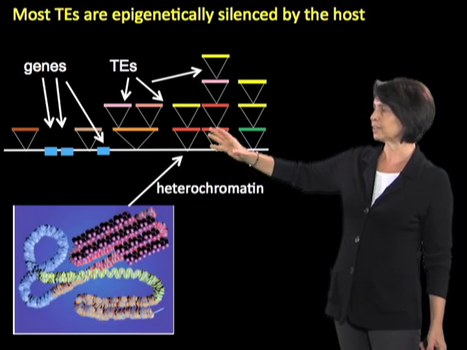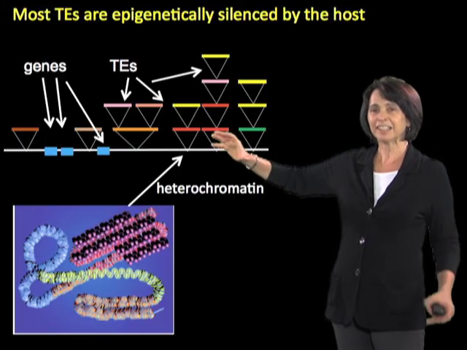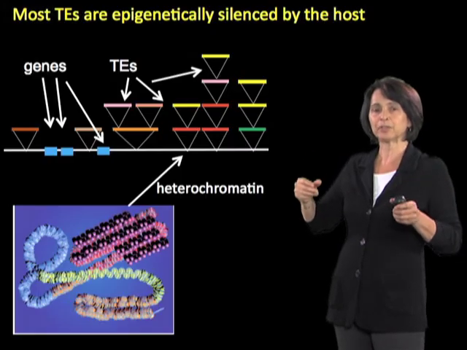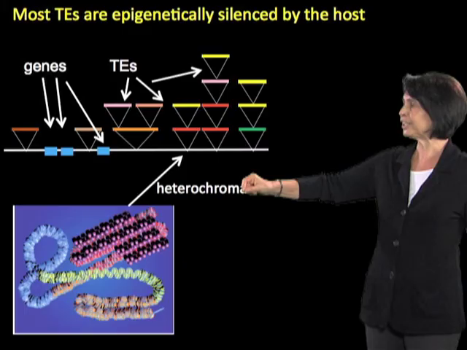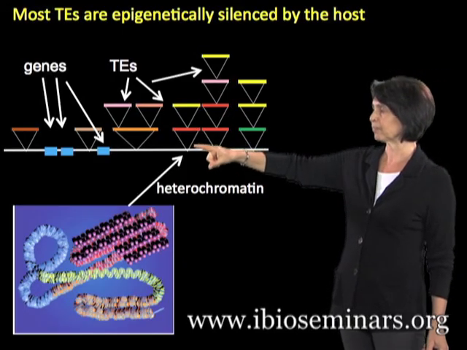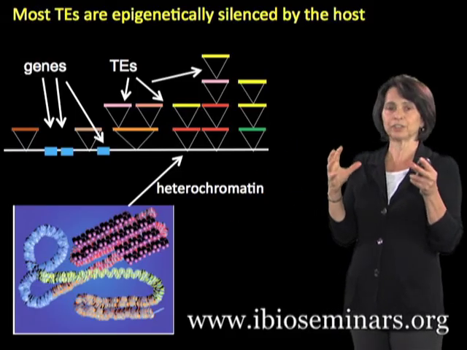But this is a flat version of the DNA. If you actually look at the three-dimensional structure, at the chromatin, the way the genome exists, what you find is that the region where these transposable elements are clustered is in fact a tightly compacted region of the genome.